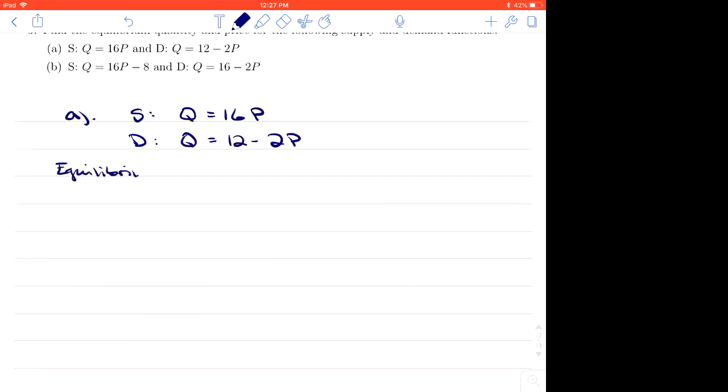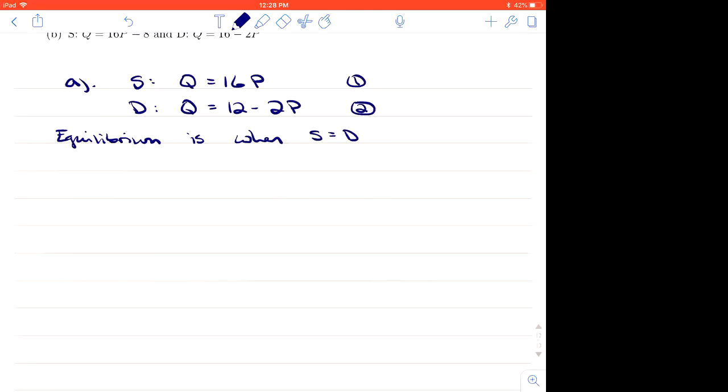Equilibrium, just as a note, is when the supply equals the demand curve. So we can call this equation 1 and this equation 2. So we want to set equation 1 equal to equation 2. They're both in terms of Q, right? And that's why we can just set them equal to each other.